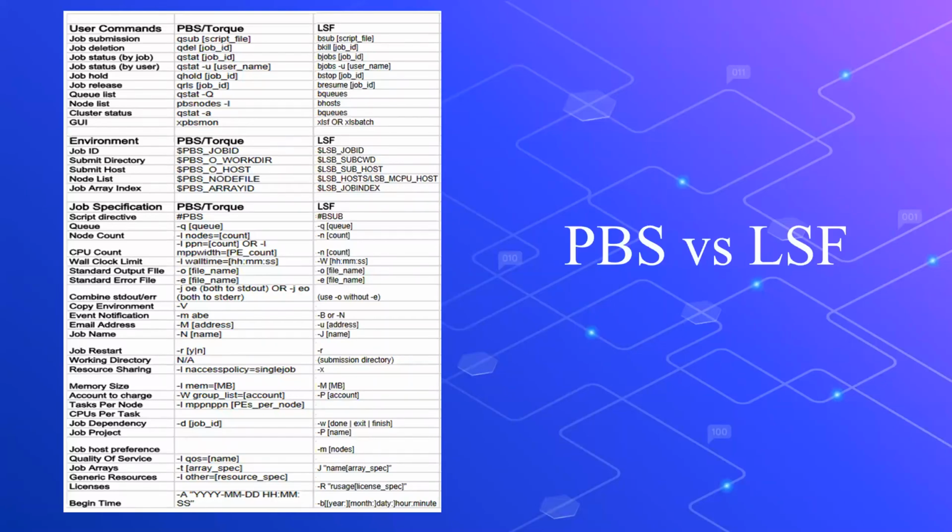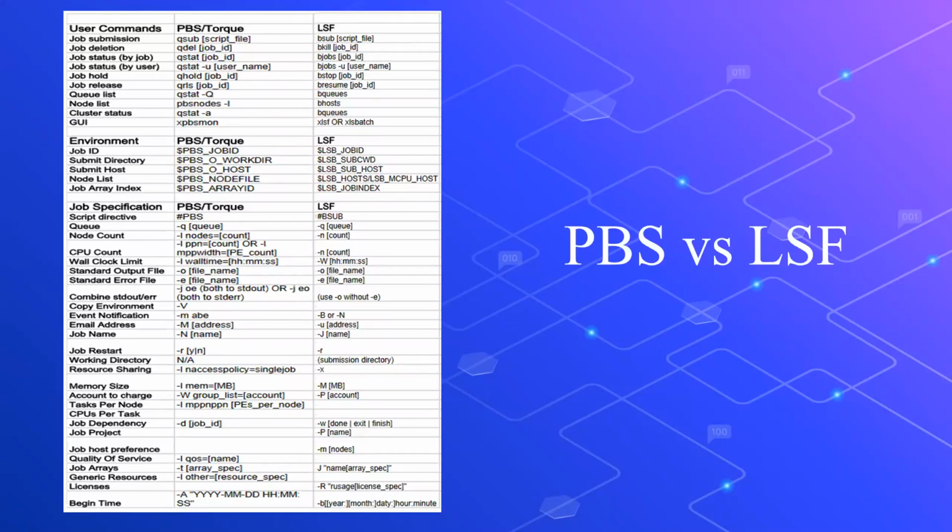And PBS_NODEFILE is needed if you are going to run on multiple nodes, to mention the node list. What PBS_NODEFILE will have is the number of nodes which are allocated for your job at runtime.